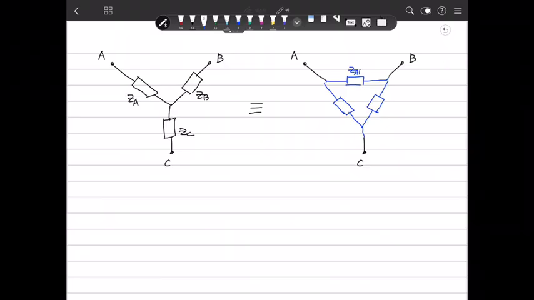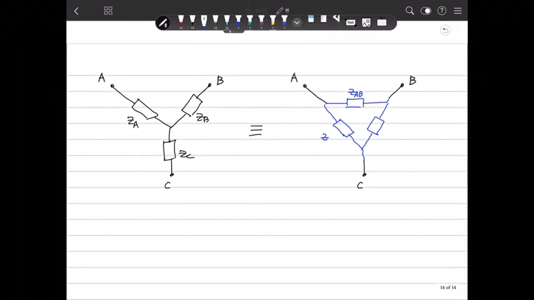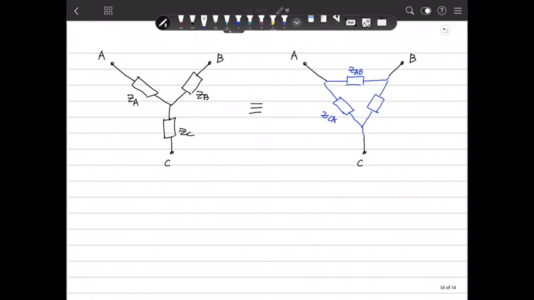This is GAB, and between C and A, we name it GCA, and GBC. So if we have GA, GB, and GC, we need to find out the same characteristic of connection. So to do that, we need to find out the GAB, GBC, and GCA.